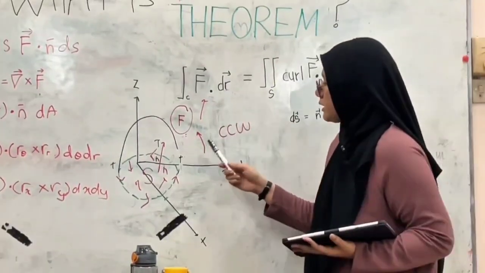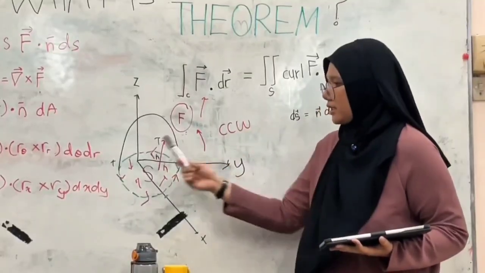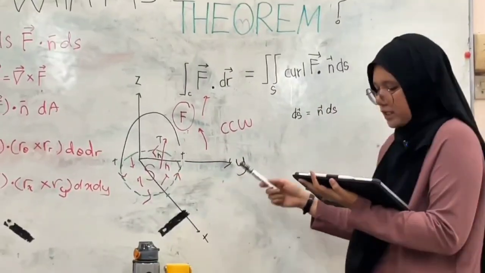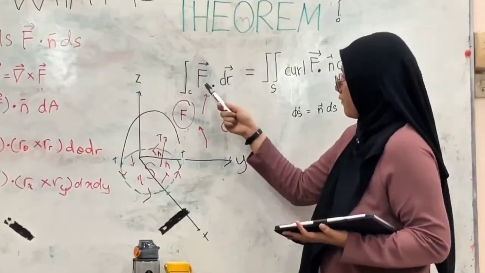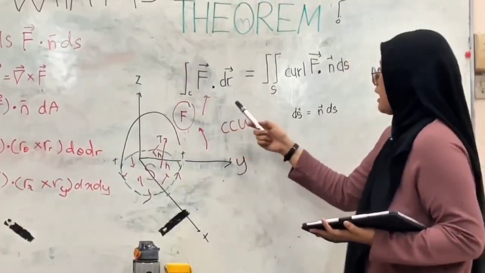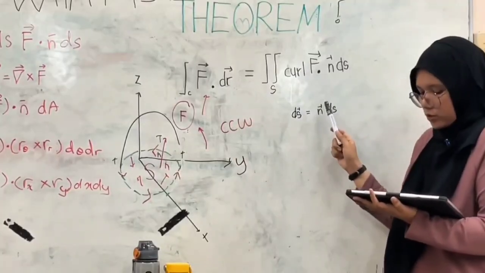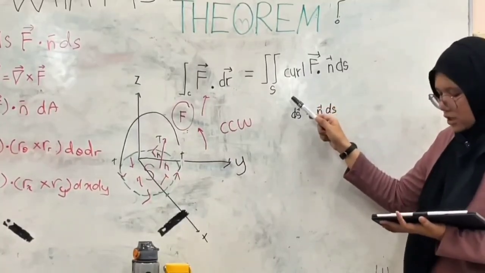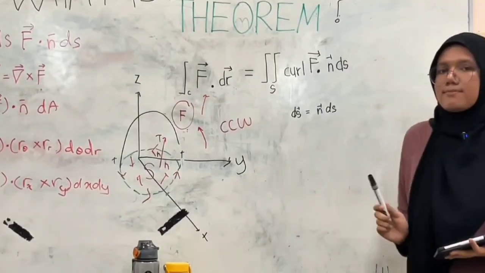To find the amount of the vector field in the direction of the curve, we need to take the line integral of F along C. And actually, this is equal to the surface integral of curl F dot n dS.